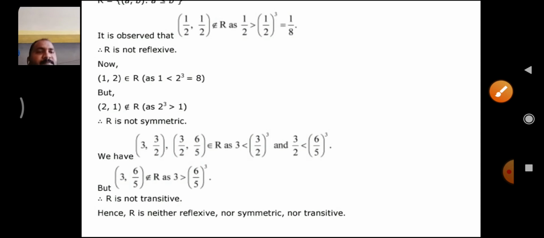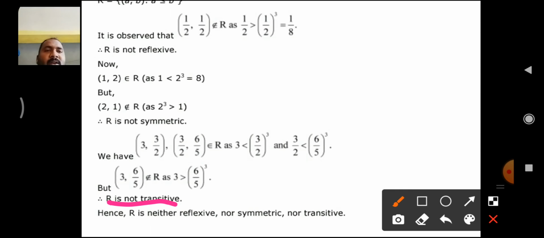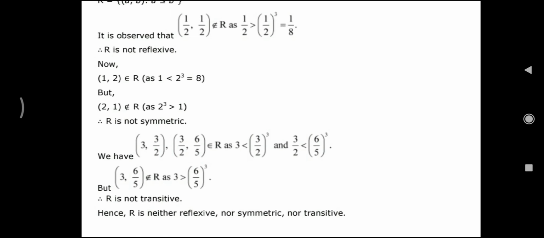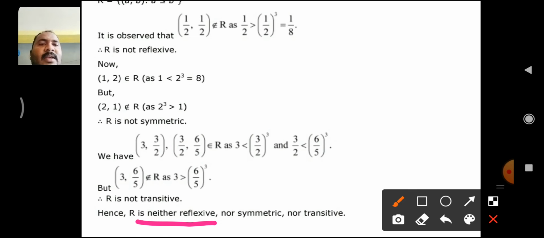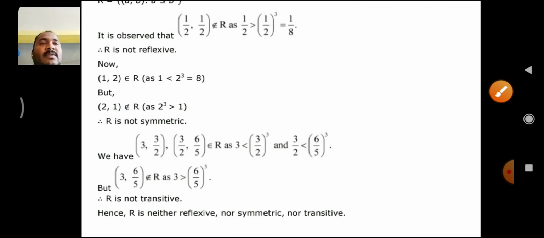Because of this, R is not transitive. Therefore, R is neither reflexive, nor symmetric, nor transitive.